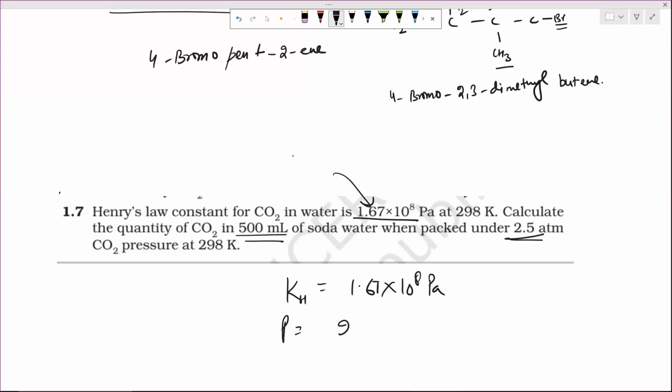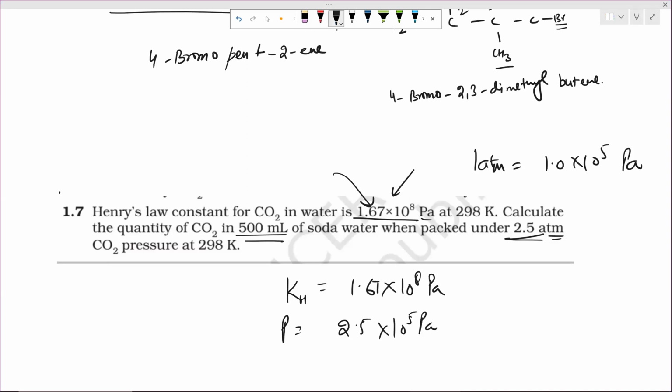Pressure is given to you, that is 2.5 atm. 1 atm is approximately equal to 1.0 into 10 to the power 5 pascal. So it will become 2.5 into 10 to the power 5. Because KH is in pascal and this pressure is in atm, you have to convert it into pascals. Got it?